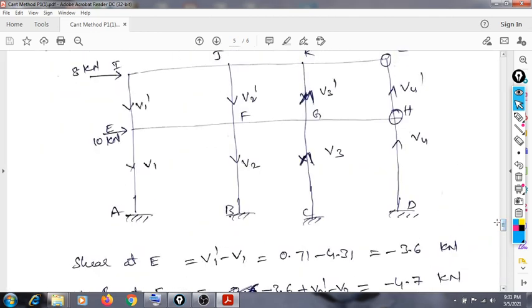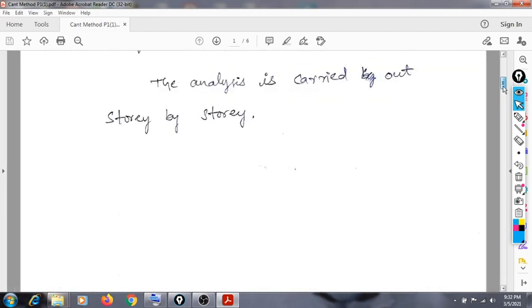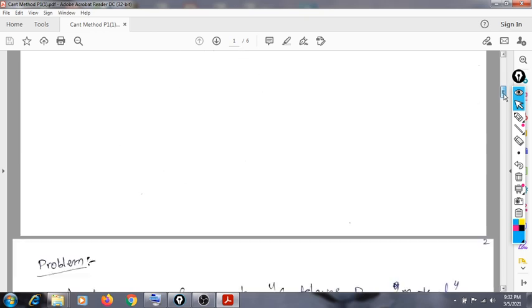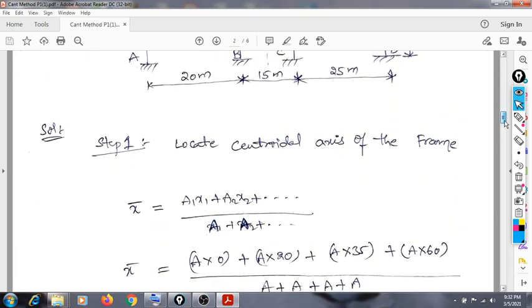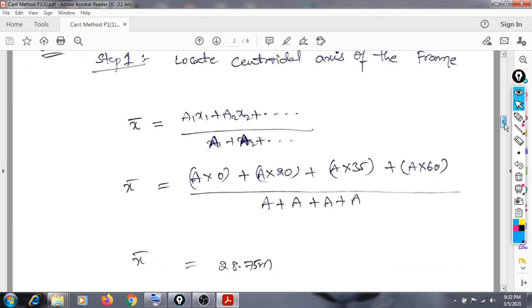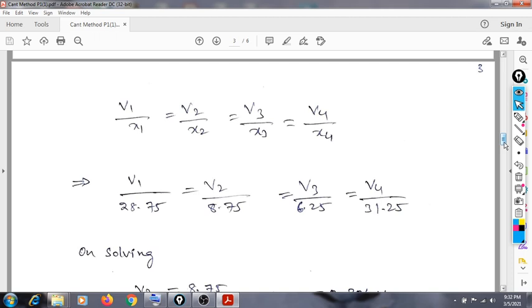Coming to a quick recap. When you have this, the first step is you have to find the centroidal axis of the total frame, and later do V1 by x1 is equal to V2 by x2, and so on, depending on the number of columns.